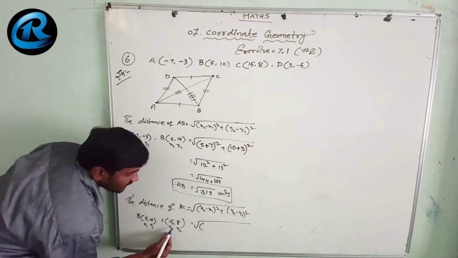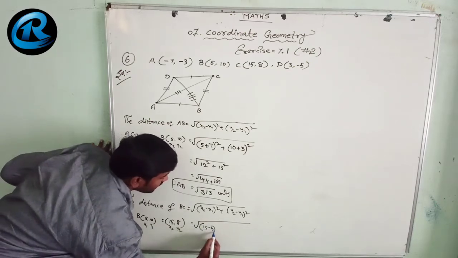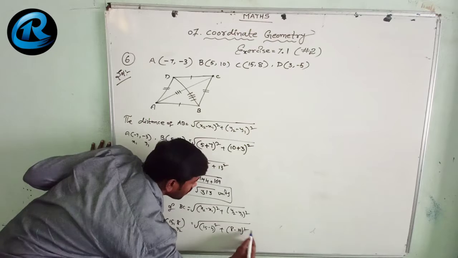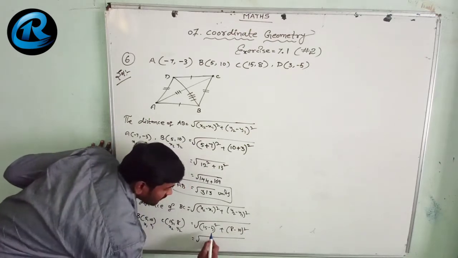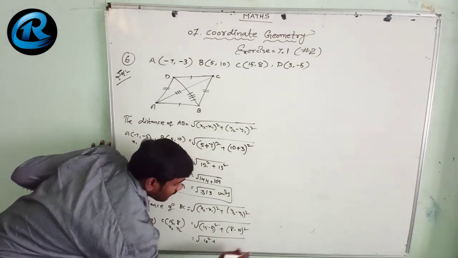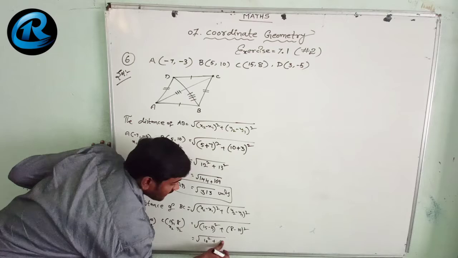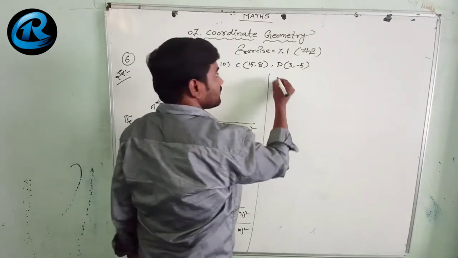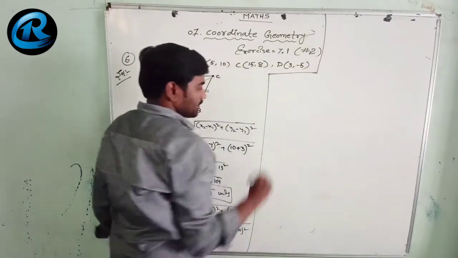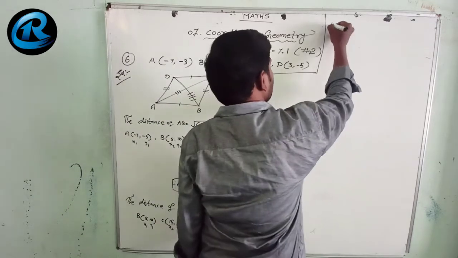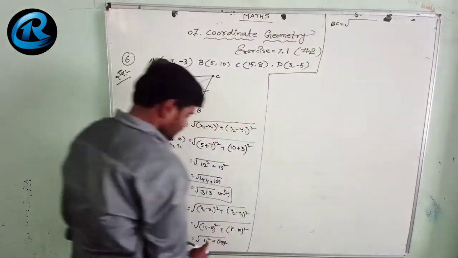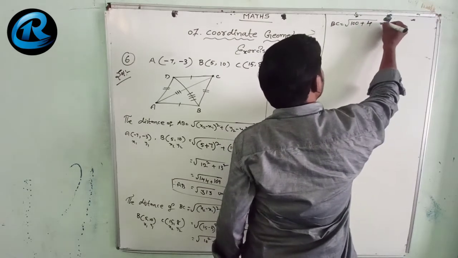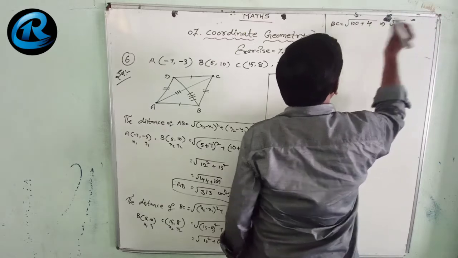Square root of (15 minus 5) whole square plus (8 minus 10) whole square, equal to the square root of 10 square plus (-2) whole square. 10 square is 100 and minus 2 whole square is 4, so that is 104.